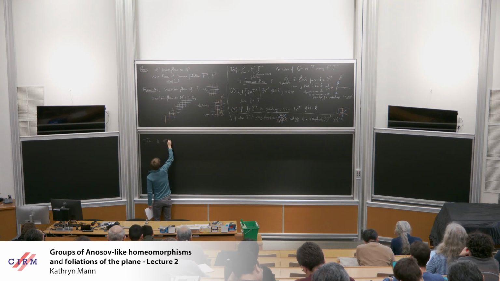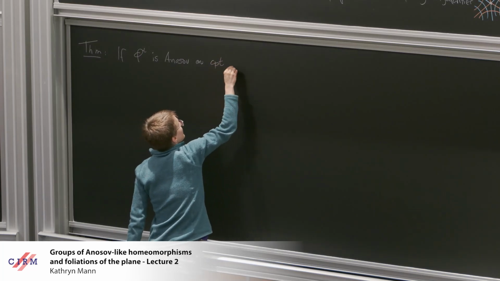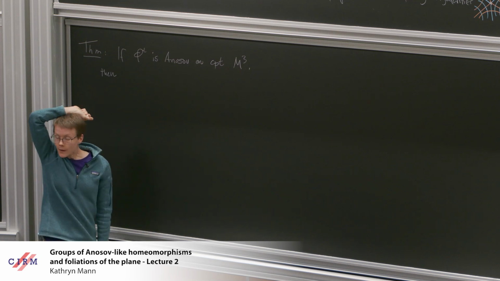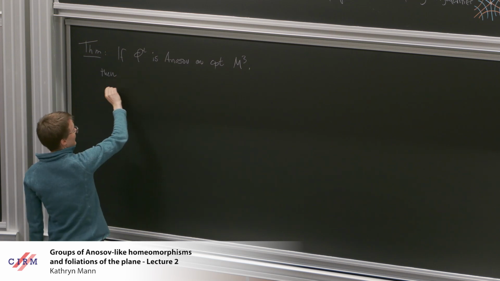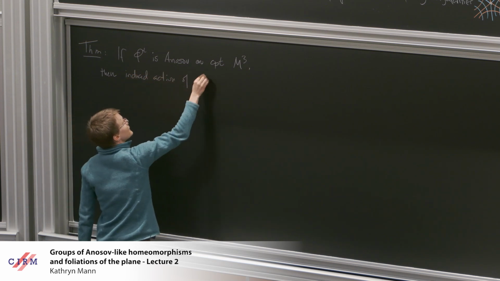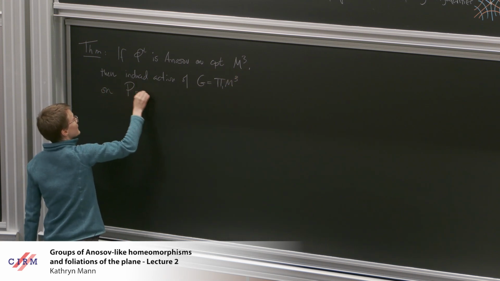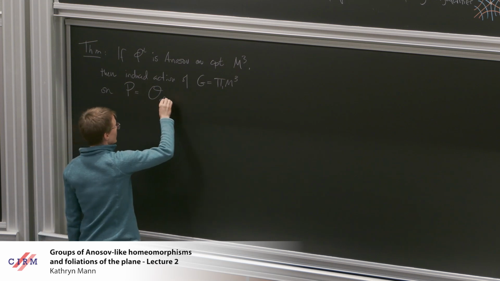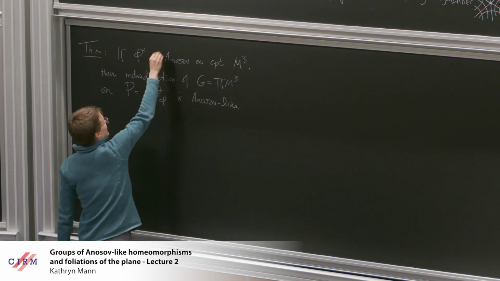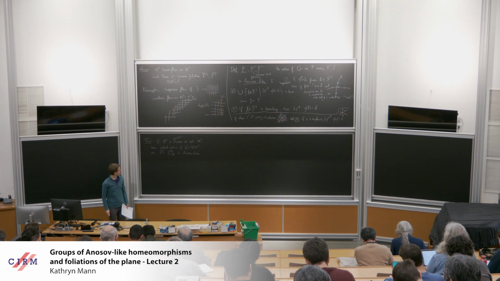If phi is an Anosov flow on a compact 3-manifold, and in fact also on many examples for non-compact 3-manifolds, but not all, then the induced action of G, being the fundamental group of the 3-manifold, on the orbit space of this flow is Anosov-like. And I can add pseudo if you like the prong generalization too.